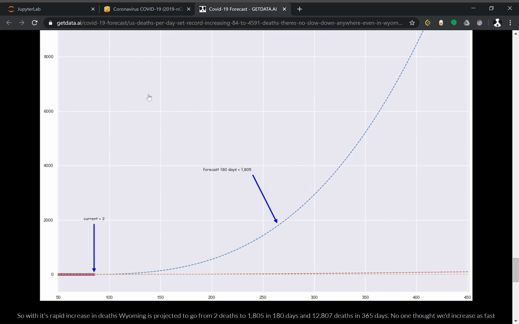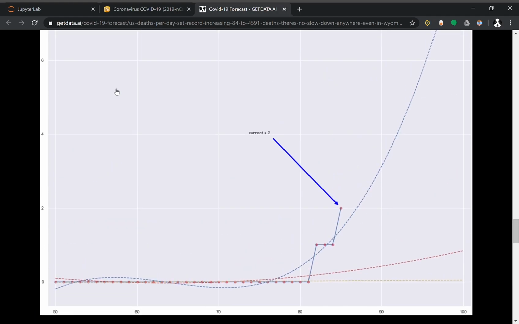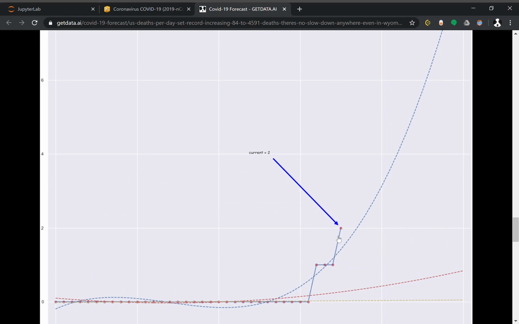And if you notice from our analysis, each of these points are like beating what we're predicting, right? They're moving faster than us, right? We thought it would be 2 over here, right? So a couple of days later, but it's 2 now for Wyoming. So, okay, so this is not slowing down, right?